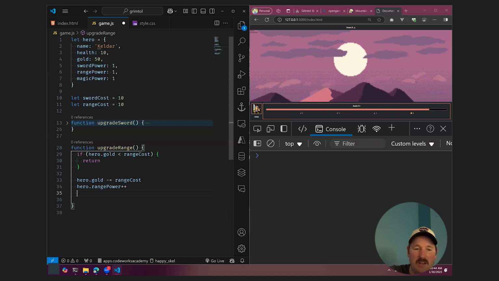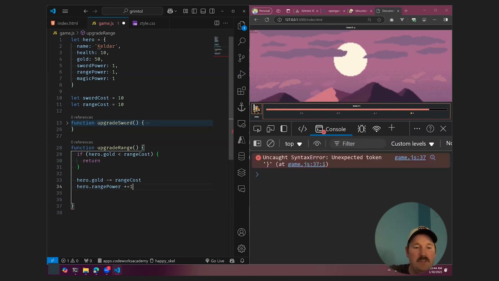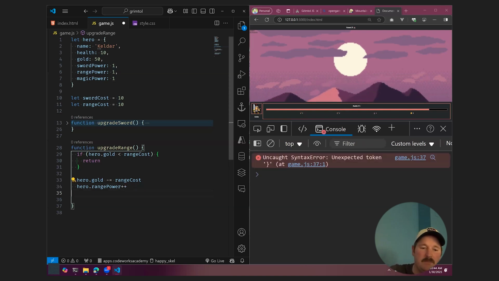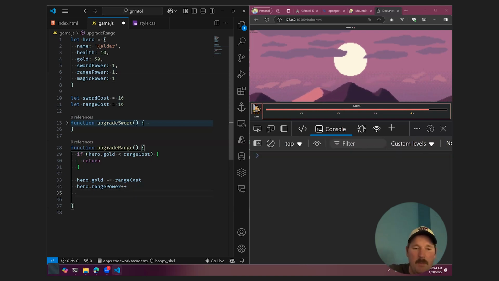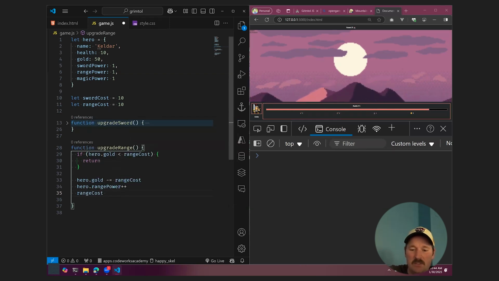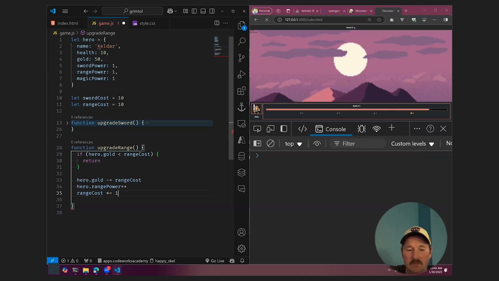So plus plus is shorthand for plus equals. I could do plus equals 1, but I will use plus plus. And then my range cost is going to go up. Let's make this a little different.